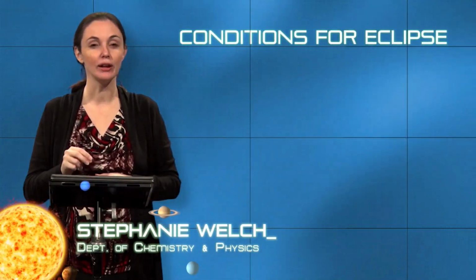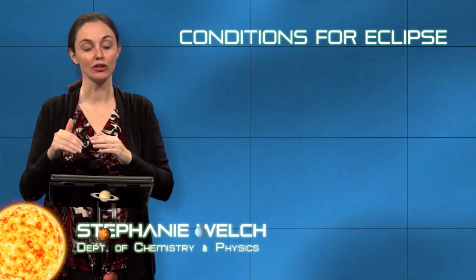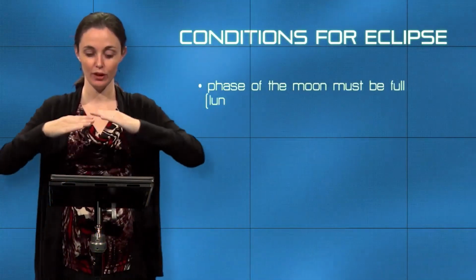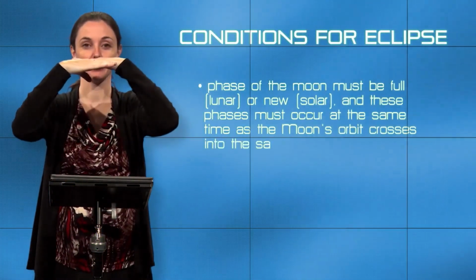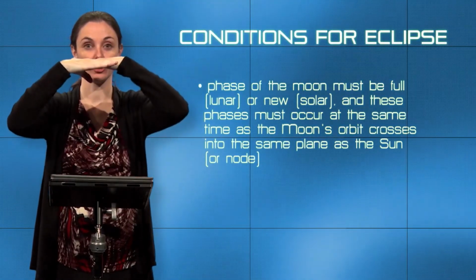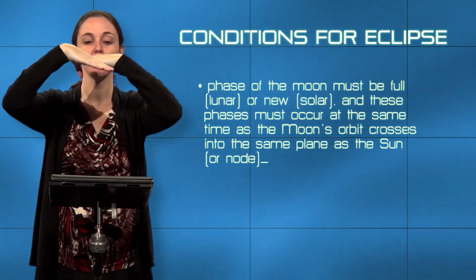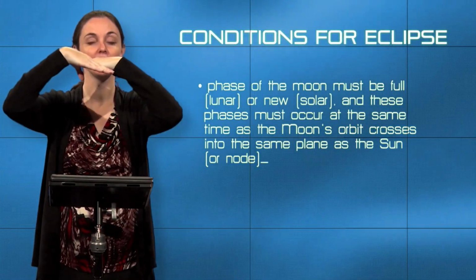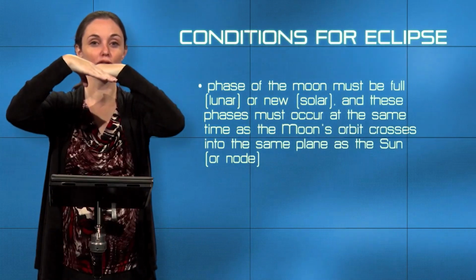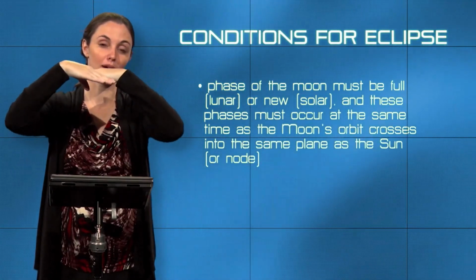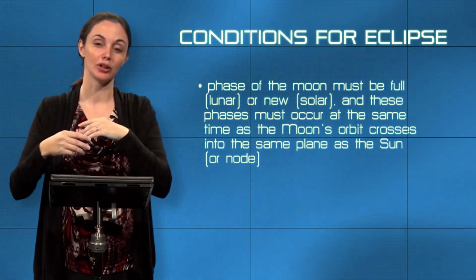We call the points where those 2 planes intersect the node. So if you think about my 2 hands here as starting off in the same plane, but then I tilt one hand a little bit, that point where they intersect is the node. That's what you're looking for when you're trying to track the potential for eclipses to occur in the future.